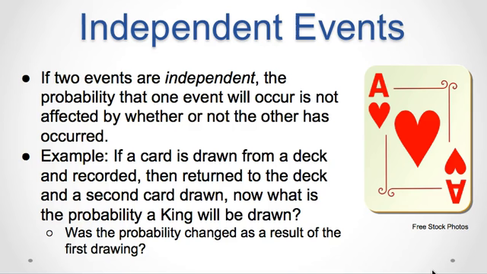The first type of events we are going to discuss is independent events. When the outcome of one event does not change or affect the outcome of another event, we call the two events independent. For example, when playing a board game, you need to toss 2 dice to determine how far you move on the game board.